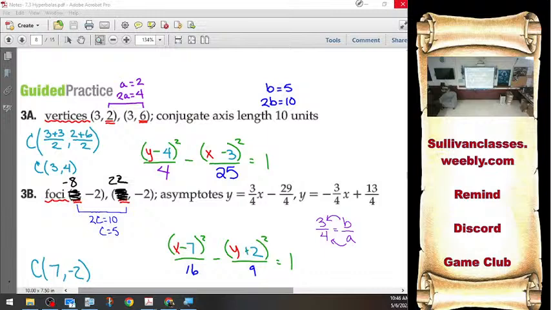If c is 15, that will not make c equal the square root of a squared plus b squared. I have to change the scale of a and b by multiplying by a scalar factor to make it work. It's a small thing, but it's something that pops up, and you need to be careful with it.